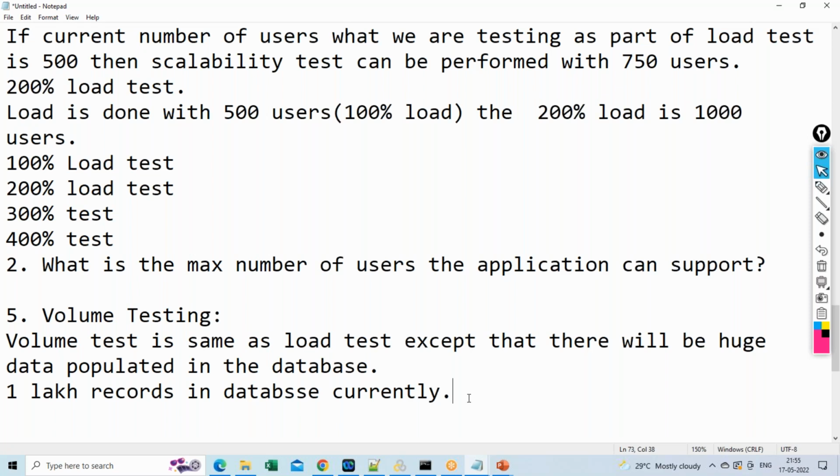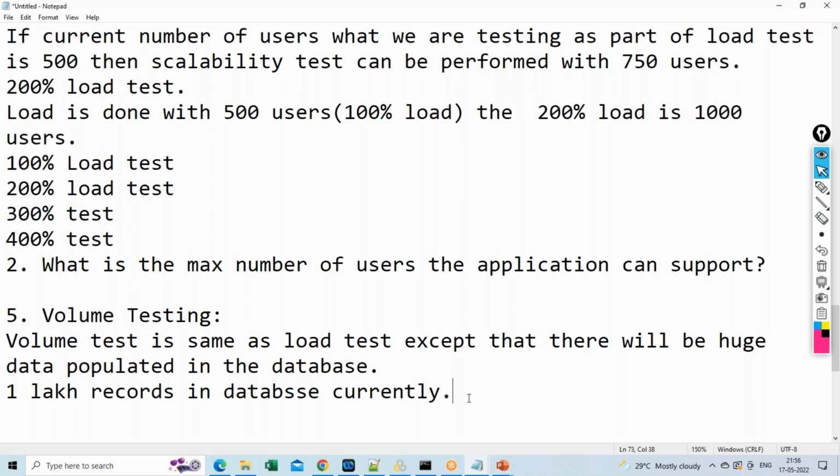How do you know how much time the SQL queries are taking, or what is the performance degradation? We can use some APM tools, the application monitoring tools like AppDynamics or Dynatrace and so on.